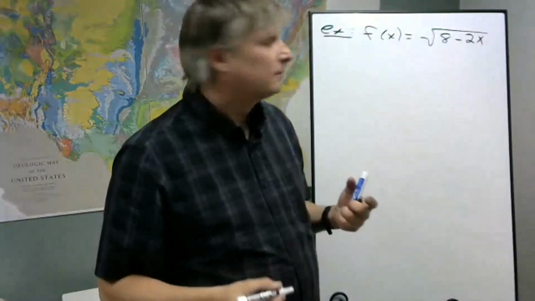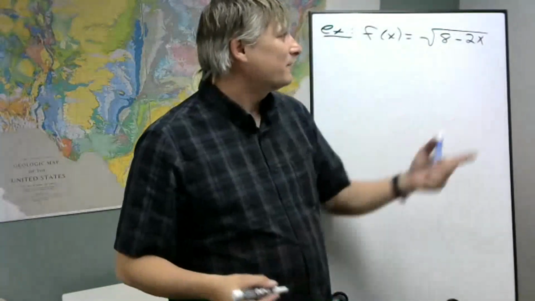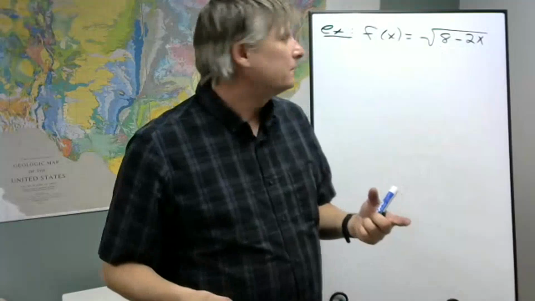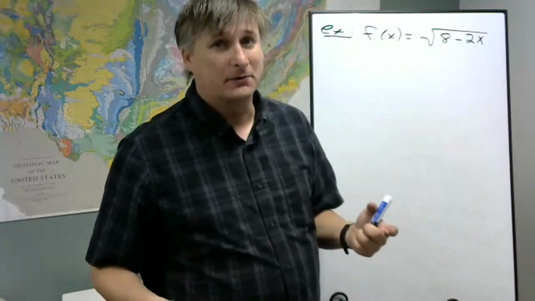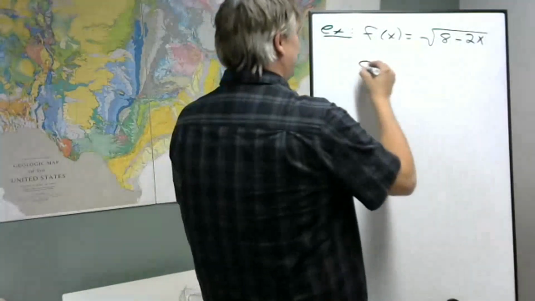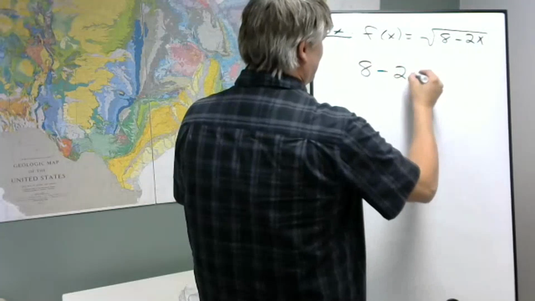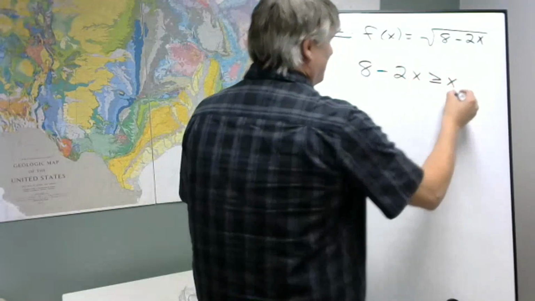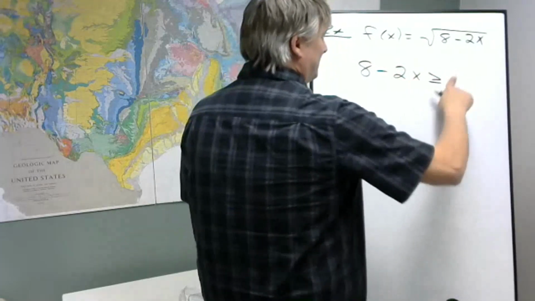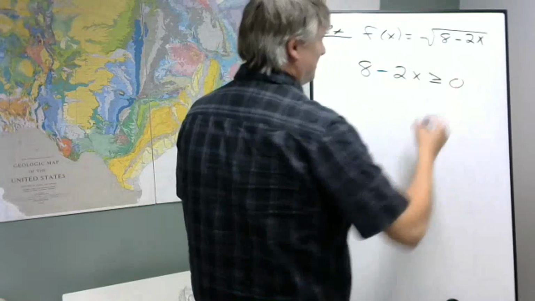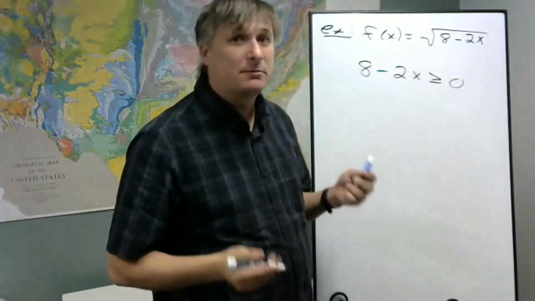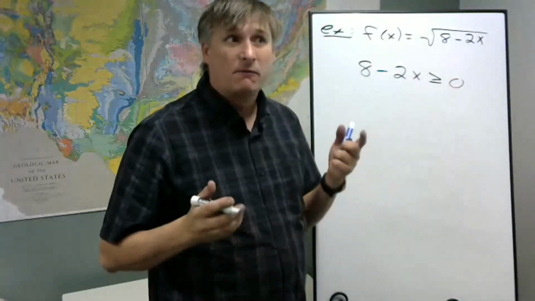Well, again, same thing. We're going to need whatever is on the inside of that square root to be greater than or equal to 0. So we insist that it's going to be greater than or equal to 0 for now.